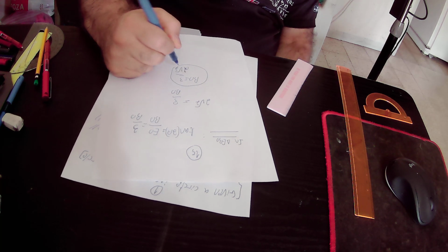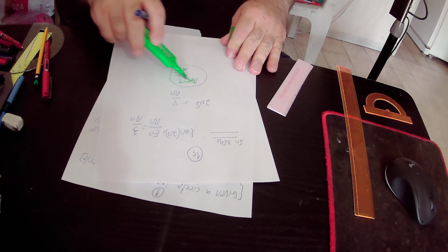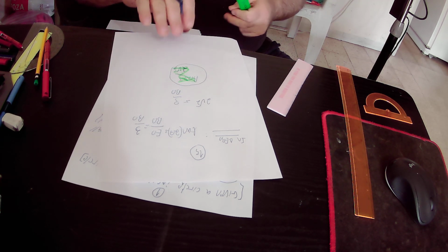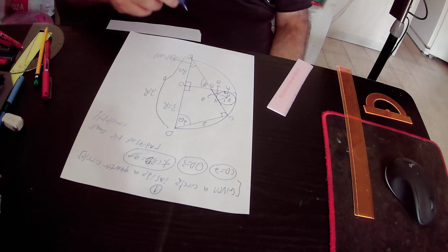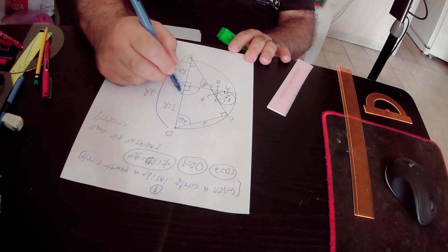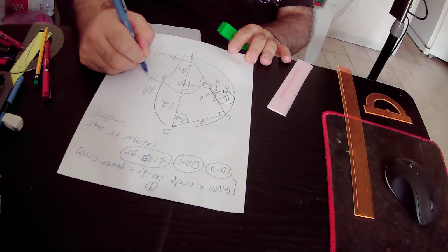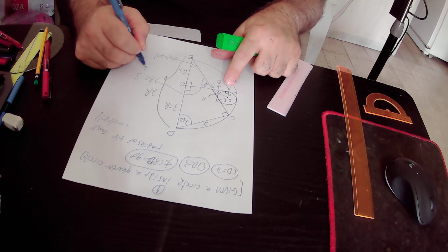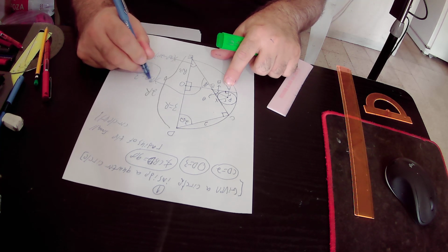Okay, BO equals 3 over 2 times root 2. So here we found out that BO equals 3 over 2 times root 2. Okay.